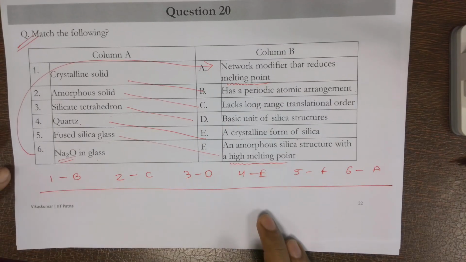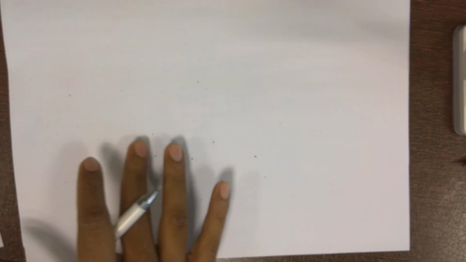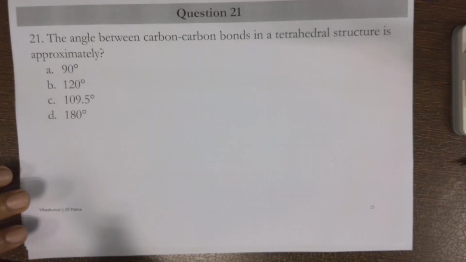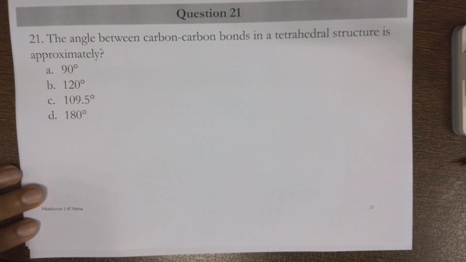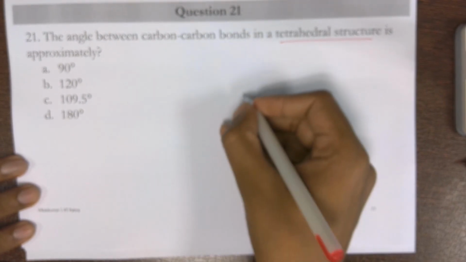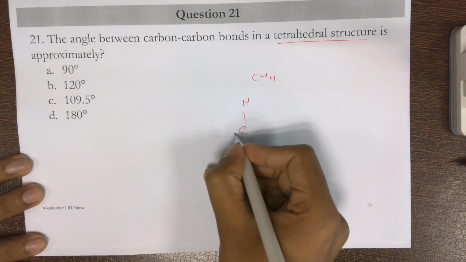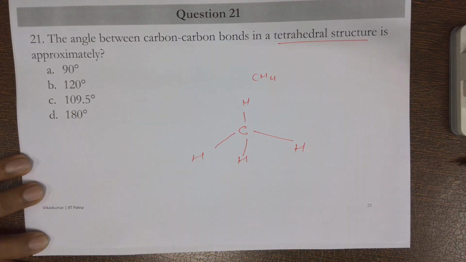If you face any doubt in the particular one, let me know. If not, let's move to the next part, number 20. A very simple question. The question says the angle between the carbon bonds in the tetrahedral structure is approximately... For example, CH4, where the carbon is bonded to the hydrogens in tetrahedral form.